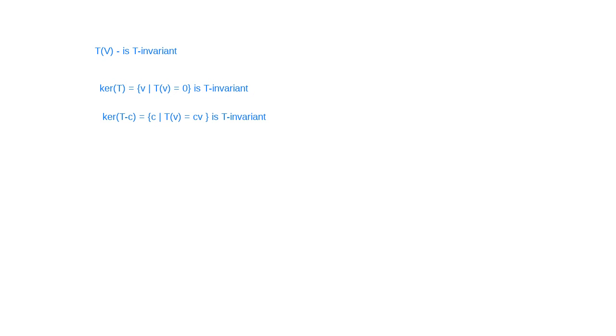But it also tells you more, that, for example, maybe kernel of T squared minus 1 is T invariant. And also the kernel of some other polynomial, like T cubed plus T, is T invariant.